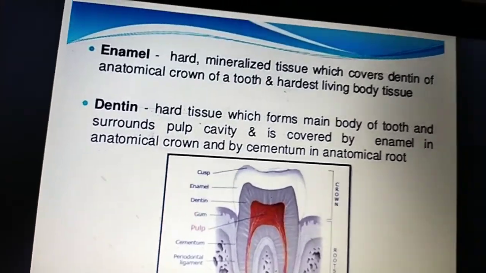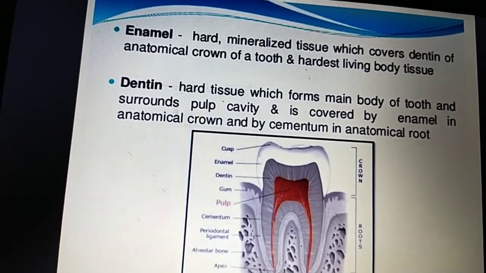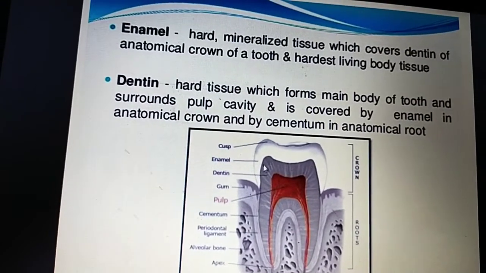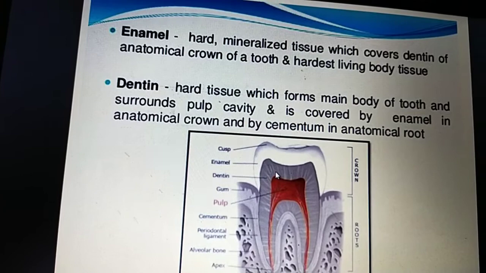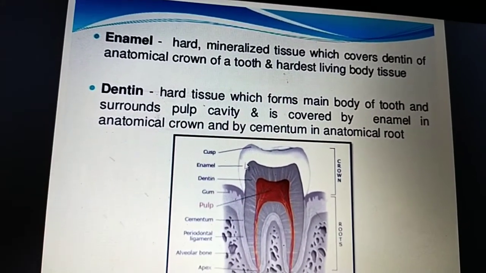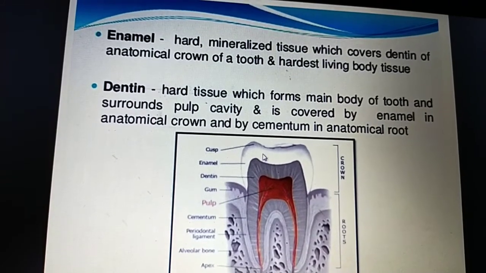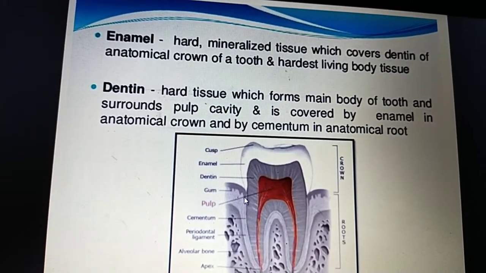Now dentin. Dentin is a substance that lies, okay, this is the dentin, that lies beneath the enamel and the cementum. Okay, above the gum it lies beneath the enamel, and below the gum it lies beneath the cementum.